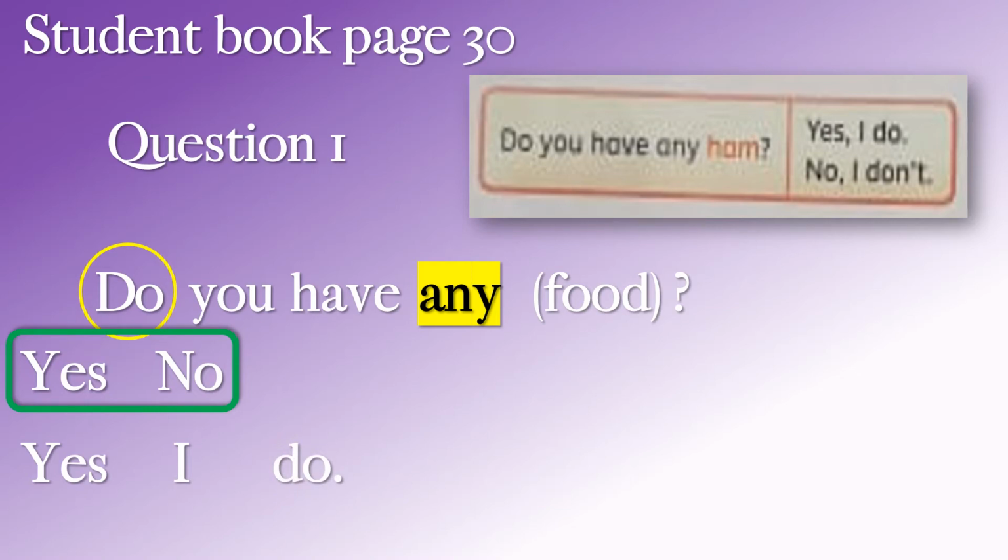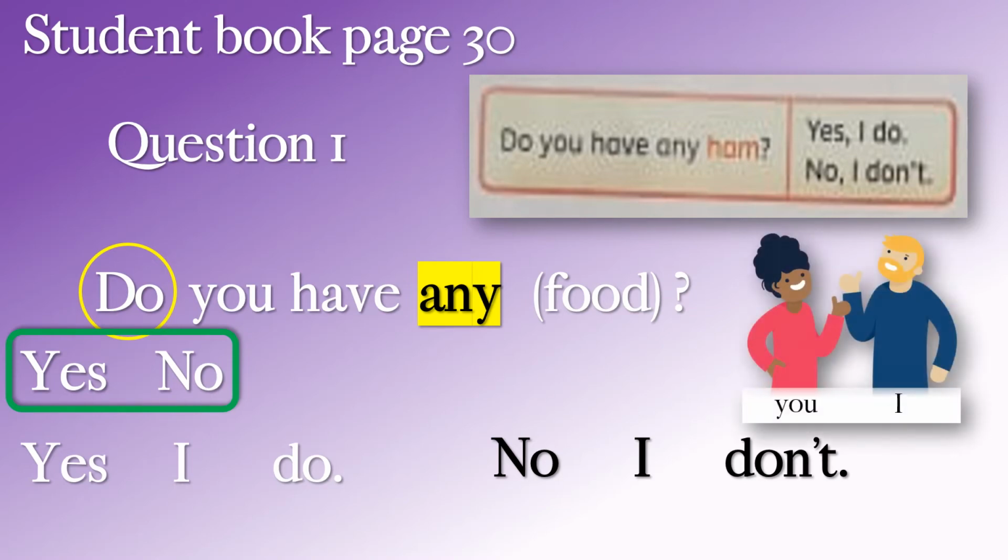Look at the question. Question is do. คำถาม do. คำตอบ do เหมือนกัน. Yes, I do. No, I don't. What is don't? Don't is 2 words that we put together. Do not. No, I don't.